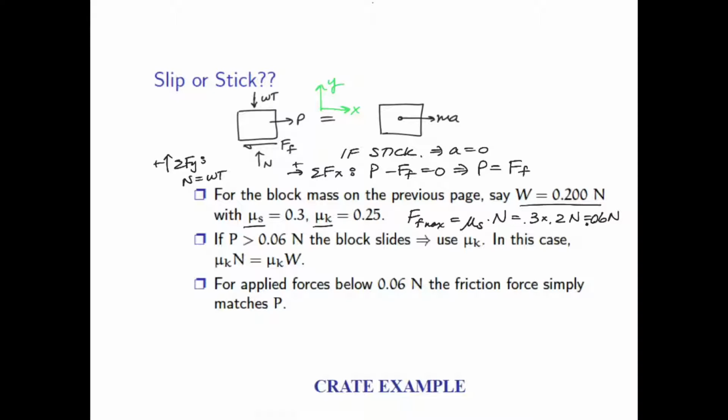So if the applied force is greater than 0.06, then I know that the force of friction is going to equal mu k times n. I am going to use mu k, and I'm going to have a known force of friction. For an applied force below 0.06, the friction force is going to be solved for, and again, we've already done that. We would know that the force of friction is equal to P, right? For P less than 0.06.